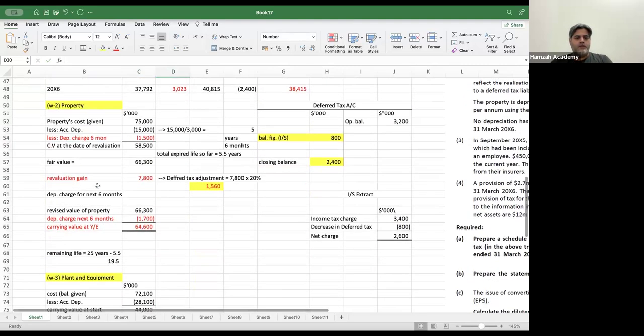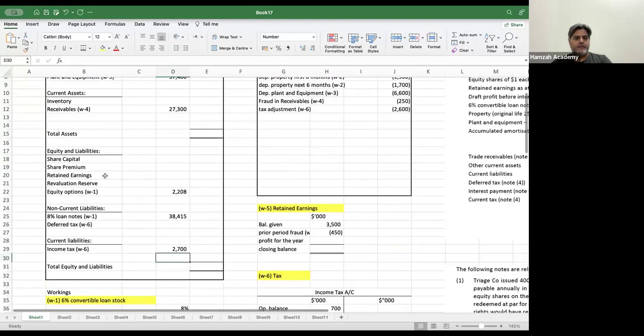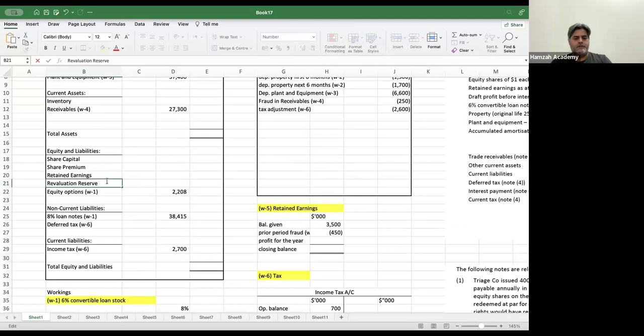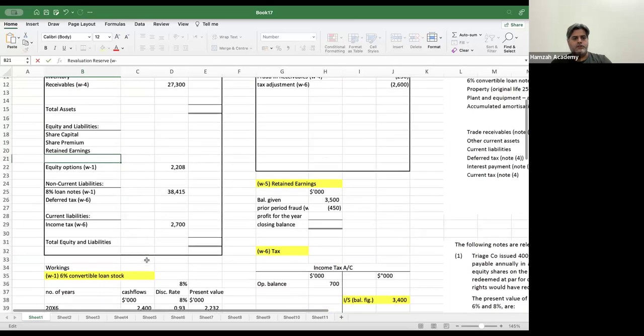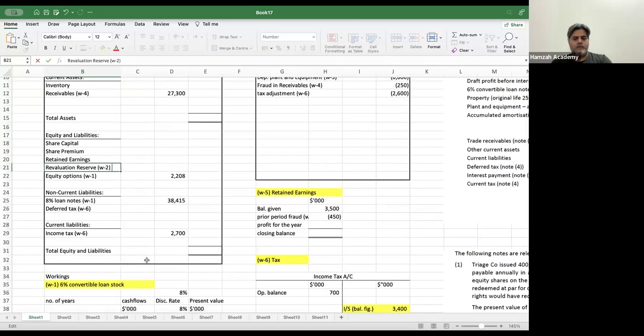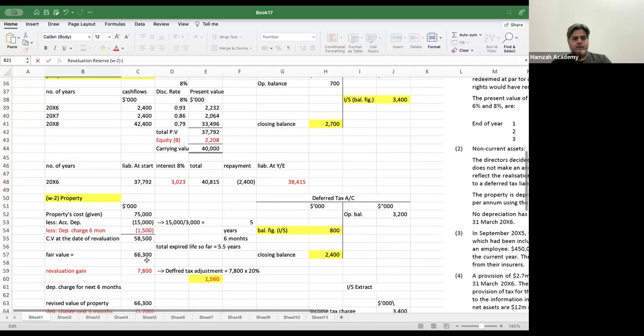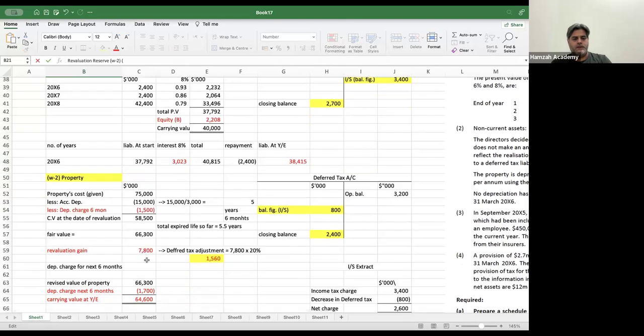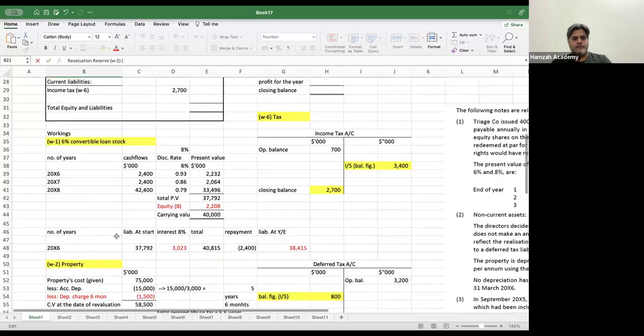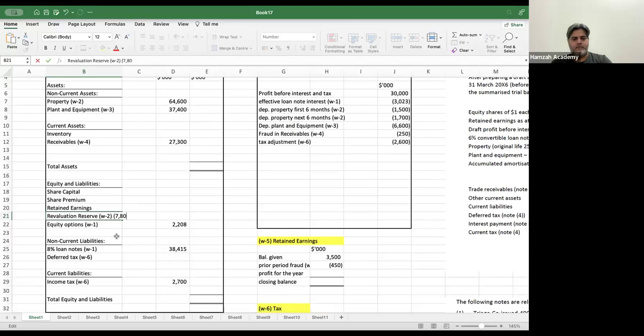And then with the revaluation gain, the balancing amount is 7,800. This is the revaluation reserve, working 2. 7,800 minus 1,560.